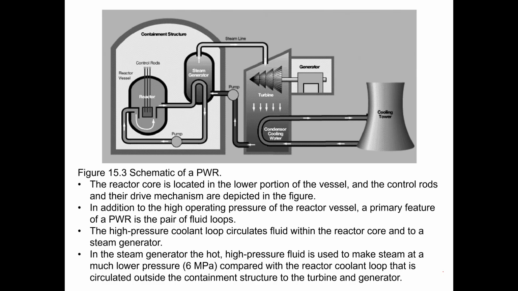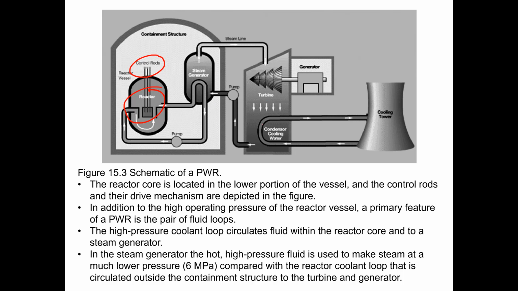Here's a schematic of a pressurized water reactor. The reactor core is located in the lower portion of the vessel, and the control rods and the drive mechanisms are also depicted here. In addition to the high operating pressure of the reactor vessel, a primary feature is the pair of fluid loops.